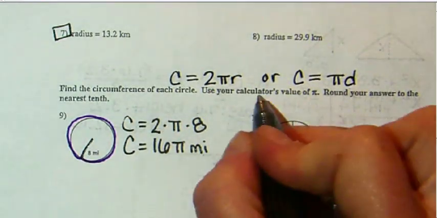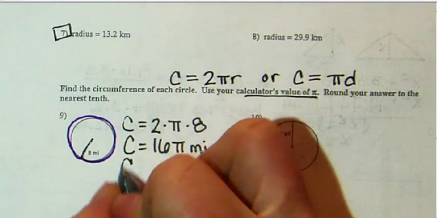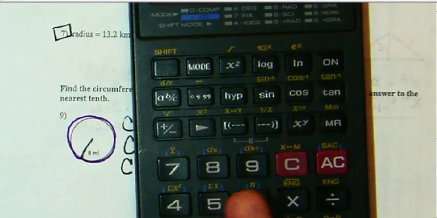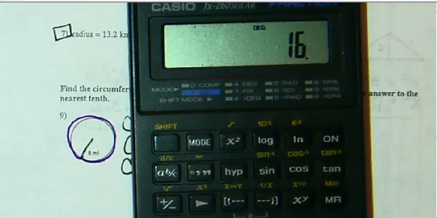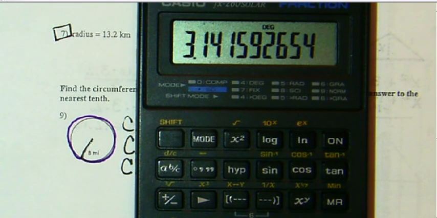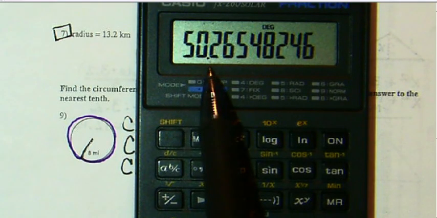But this one said use the calculator's value of pi. So we're going to do that. Our circumference equals, you've got 16 in your calculator, times, press your pi button, equals, and again we're rounding this to the nearest tenth.